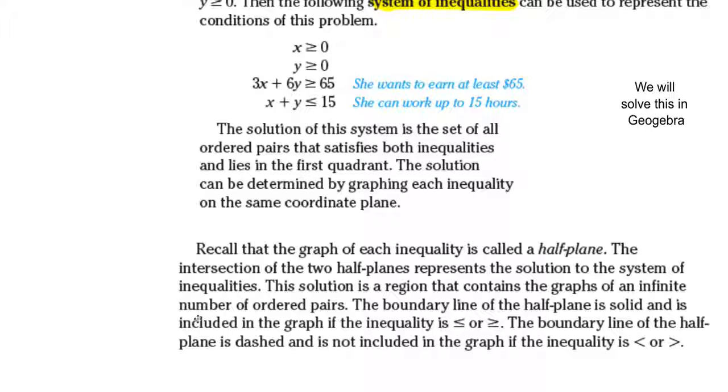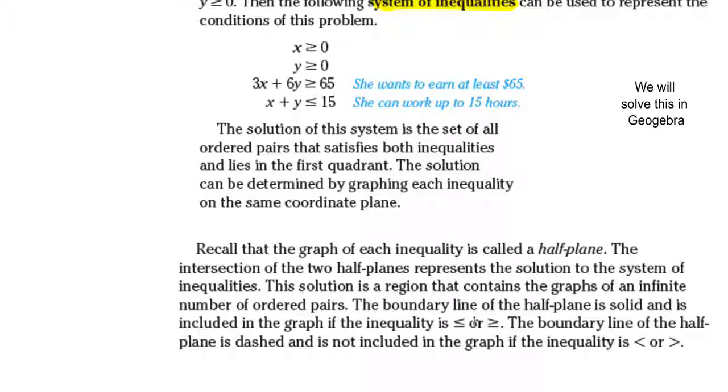The solution is the region that contains the graphs of the infinite number of ordered pairs. Remember, when you're graphing an inequality, you have an infinite number of solutions. The boundary line of the half plane is solid and is included in the graph of the inequality. Why is it solid?